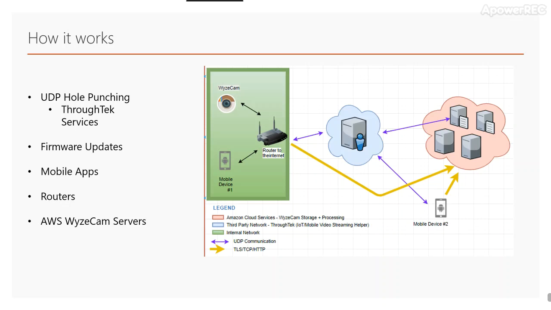This allows the WyzeCam servers to talk through the ThruTech systems back to your WyzeCam device for certain capabilities. And then finally, we have the yellow arrows. The yellow arrows represent TLS, TCP, and HTTP traffic. And this is only one way from the WyzeCam device or mobile device.